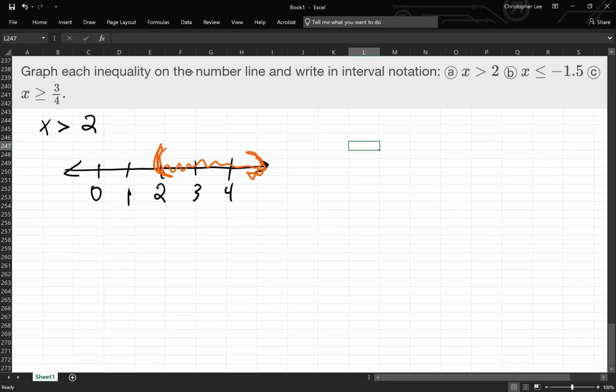And then in interval notation, this is going to be open parenthesis, 2, comma, infinity, and then close parenthesis. Everybody got this for A? No questions? All right, let's go on to B.